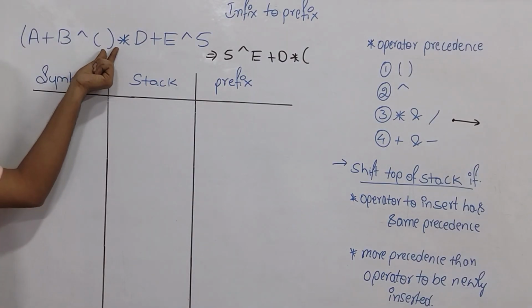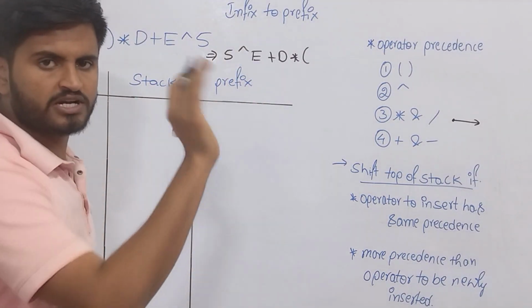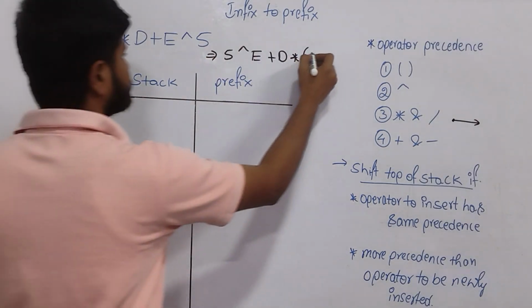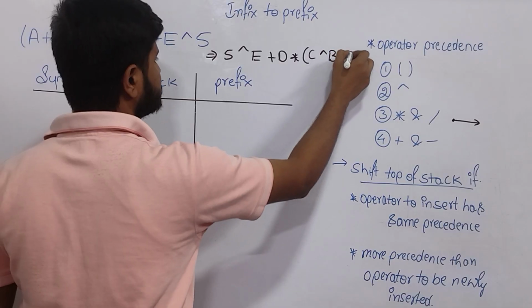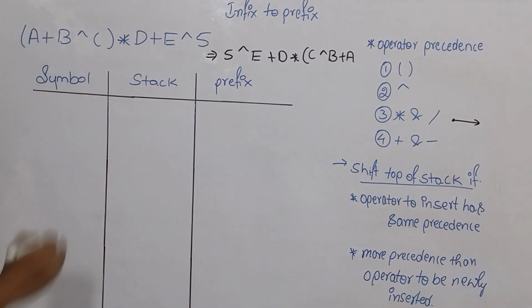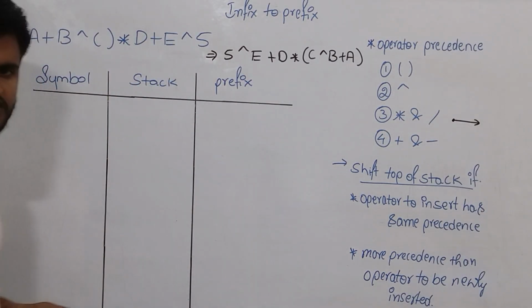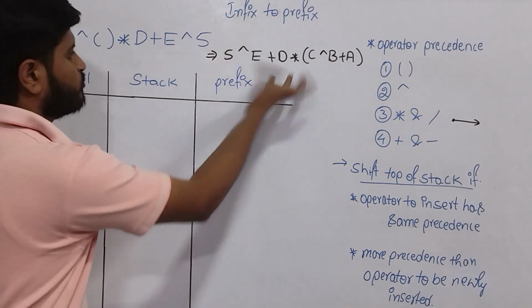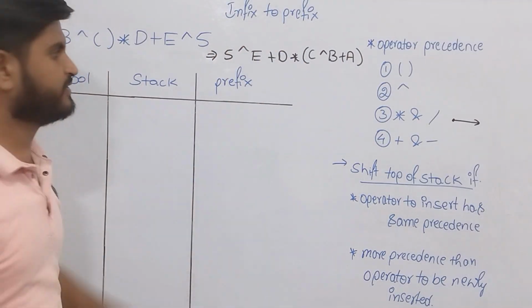Next, this closed bracket will become an open bracket. Next, c, exponential, b, plus, a, and the open bracket will become the closed bracket. Like this, the given infix expression will be reversed, that is, we write from the right-hand side towards the left-hand side.